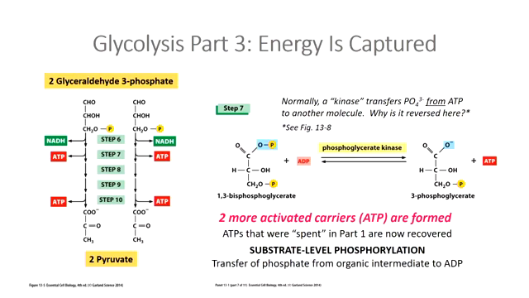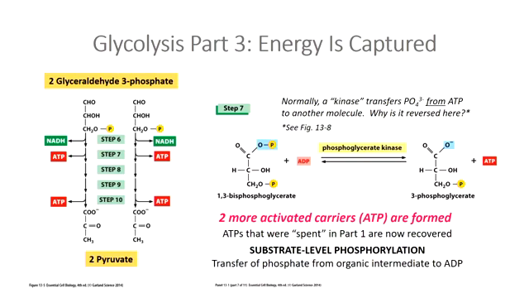This reaction, in which you transfer a phosphate group from an organic intermediate to ADP to make ATP, is called substrate-level phosphorylation. And substrate-level phosphorylation occurs not just in glycolysis, but in other types of biochemical pathways as well.